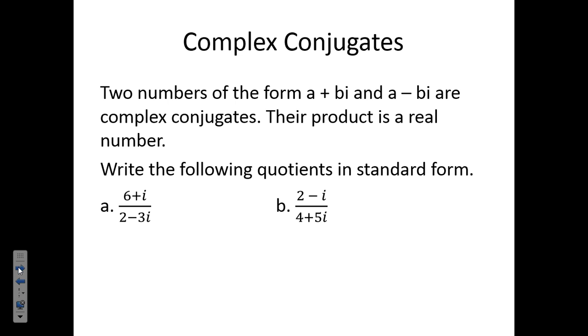And the nice thing about them is their product is a real number. Because of that, we can do something called rationalizing the denominator. One of the things we told you in Algebra 2 is that we don't like to have a radical in the denominator.